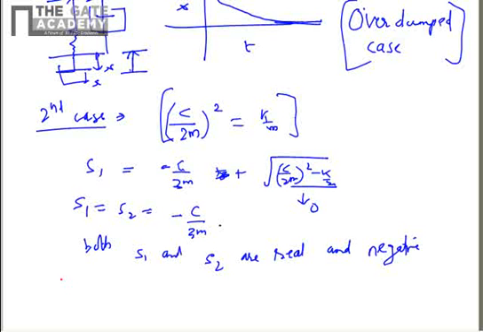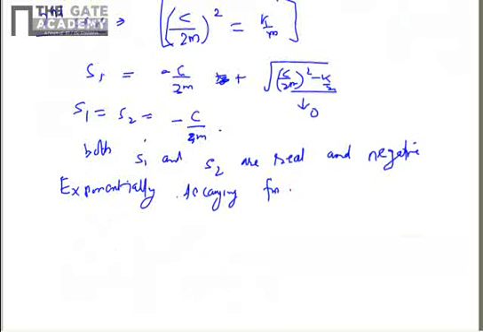So here also only an exponentially decaying function. So the second case is called a critically damped case. So this case is called the case of critical damping.